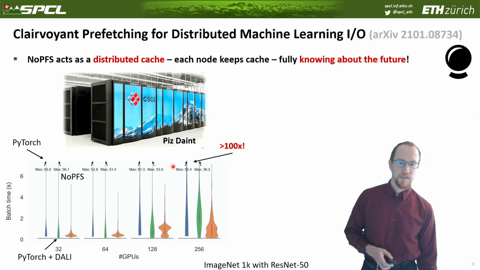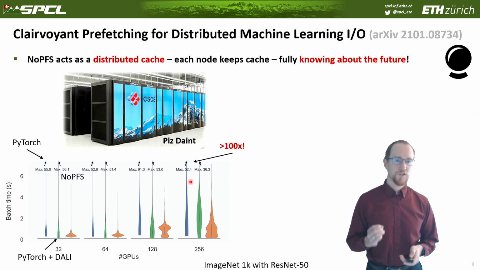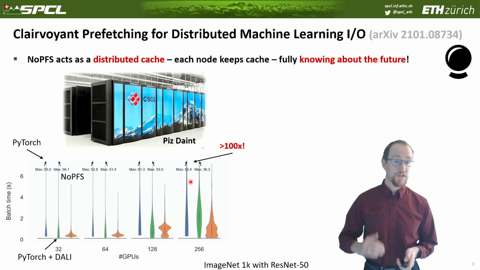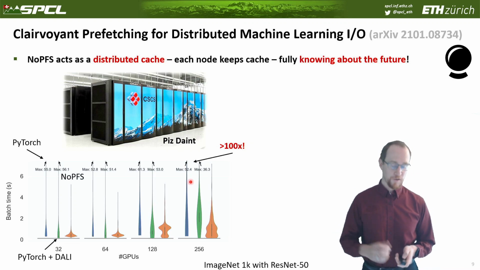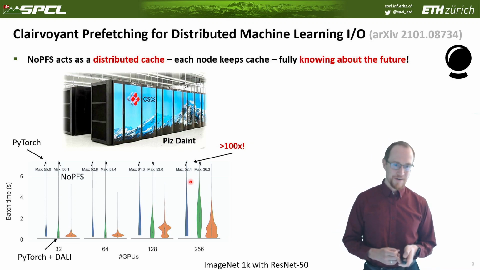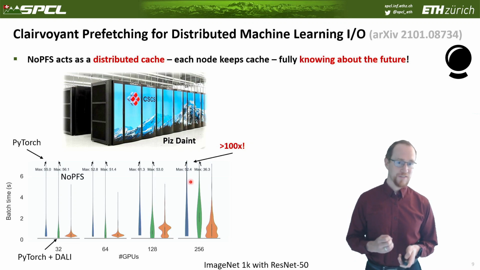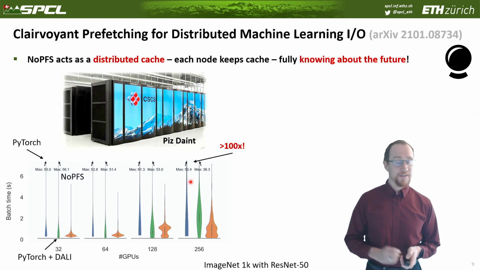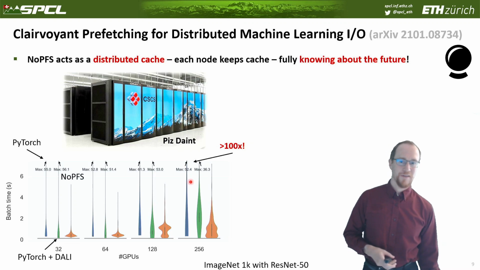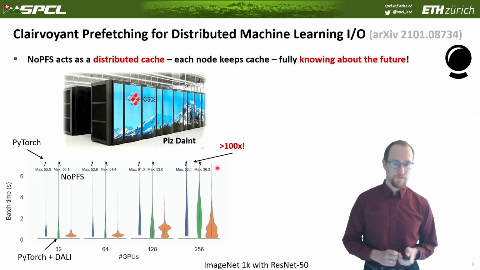But you can also see that the maximum for PyTorch is 100 times larger than the average. So there's a huge variation depending on the file system load. As we all know and love, these parallel file systems are actually pretty non-deterministic. But for NoPFS, it actually fits on the scale. So the largest observed value is about 7. So the variation, as opposed to 100x, is only about 3x.